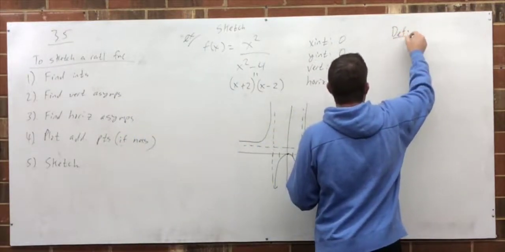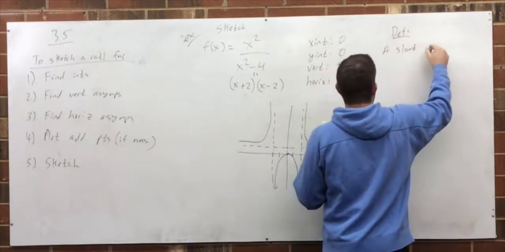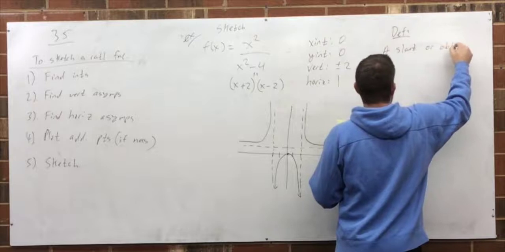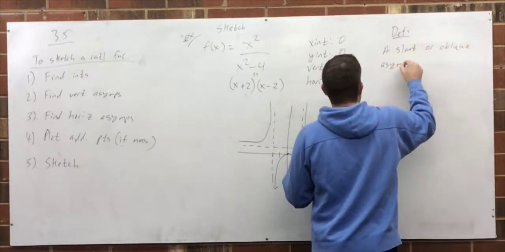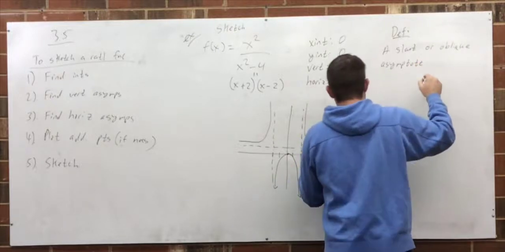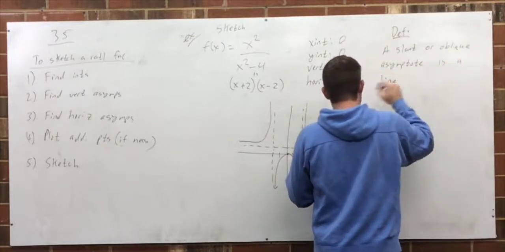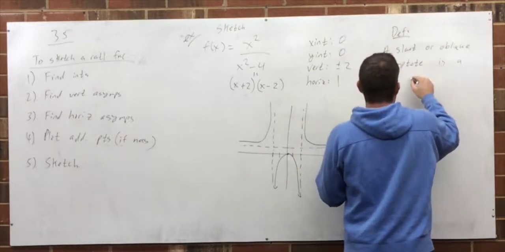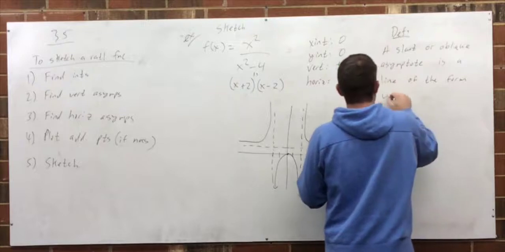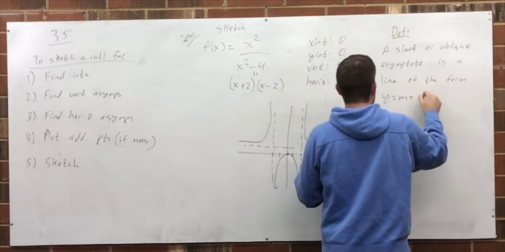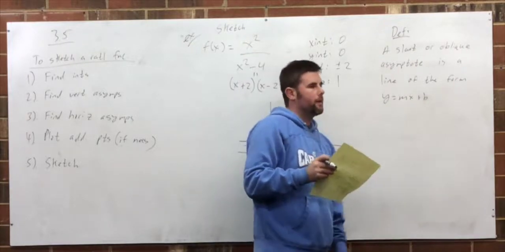Alright, let's look at some oblique asymptotes. Let me give you a definition first. A slant or oblique asymptote is a line of the form y equals mx plus b. So a slant asymptote just has the form y equals mx plus b.